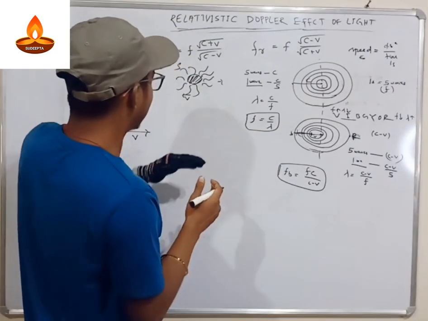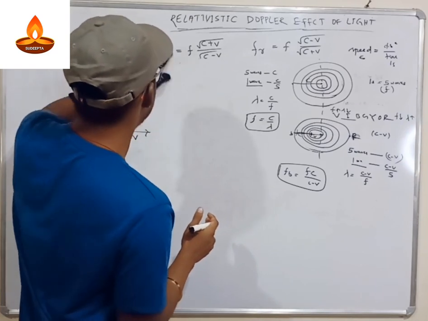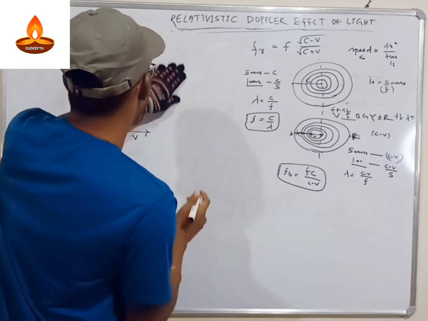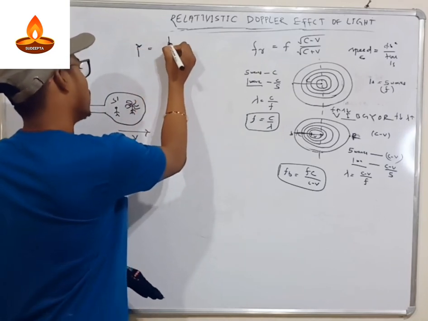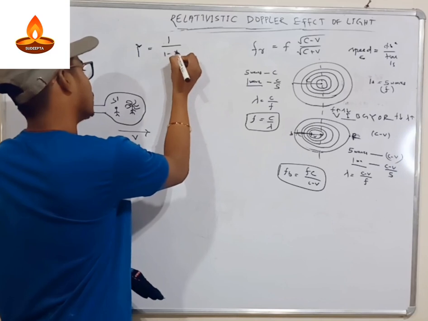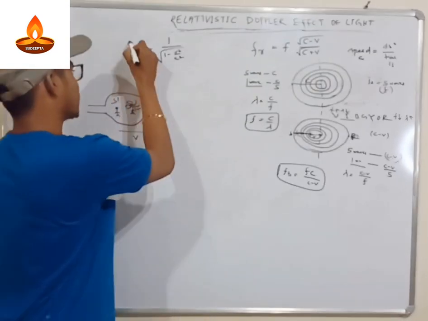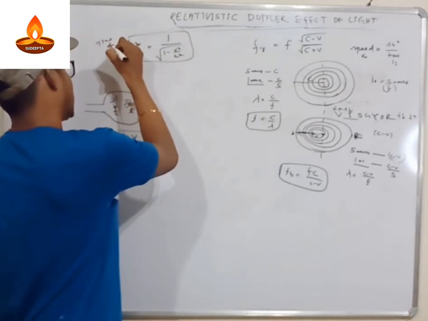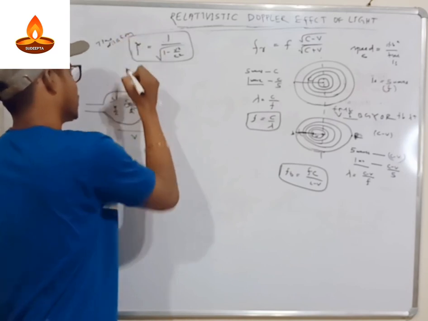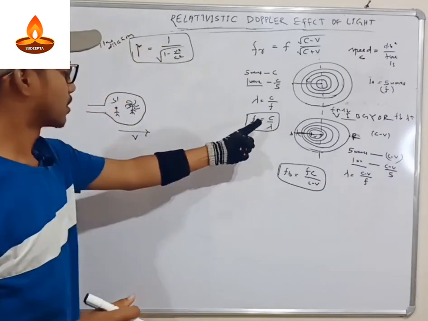The time dilation is symbolized as gamma. Gamma is equal to 1 by the square root of 1 minus v square upon c square. This is the gamma factor, the time dilation. So friends, we are going at velocity v, and there is also the speed of light.